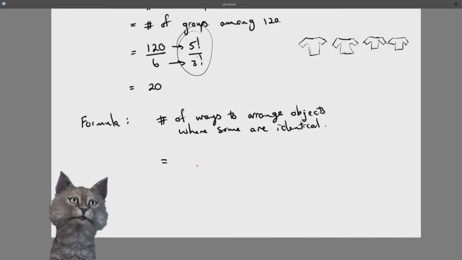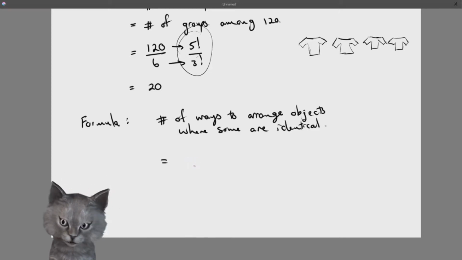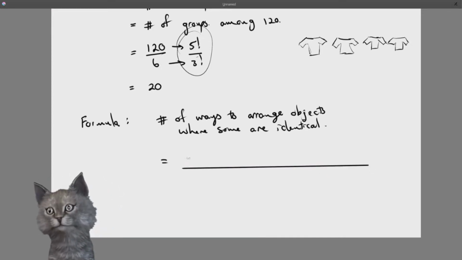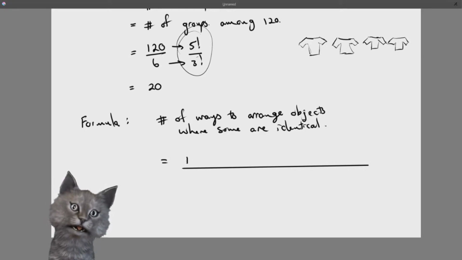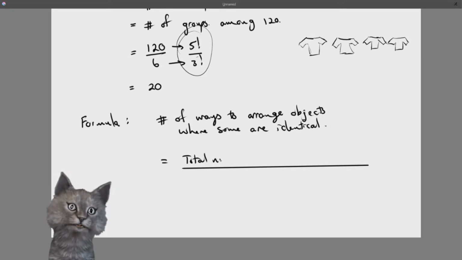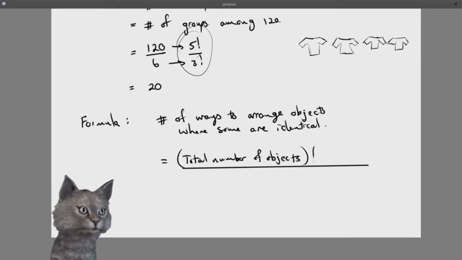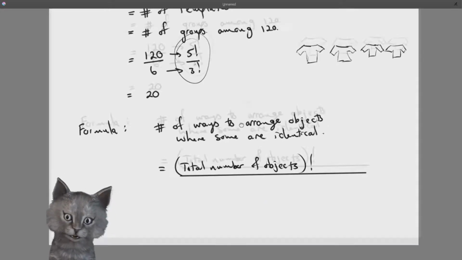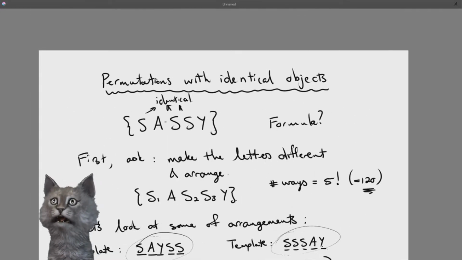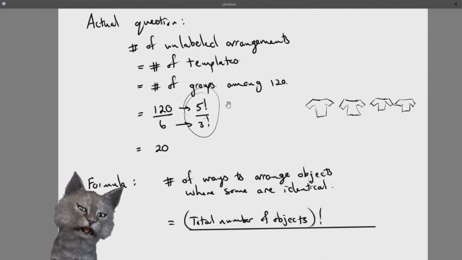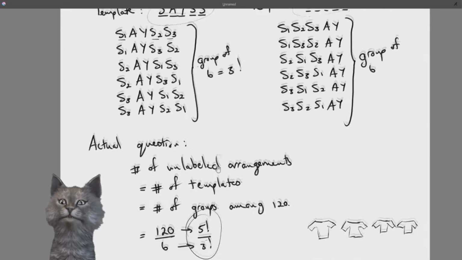how to apply this. So I'm going to make a line. I'm going to try and make it straight. And it's going to be long because I'm using words. It's the total number of objects, regardless of what they look like, factorial. We had 5 objects. I don't care what they look like. It was 5 factorial at the top. Yeah, if you want to know why, yes, we explained it, but I'm not doing that every time.